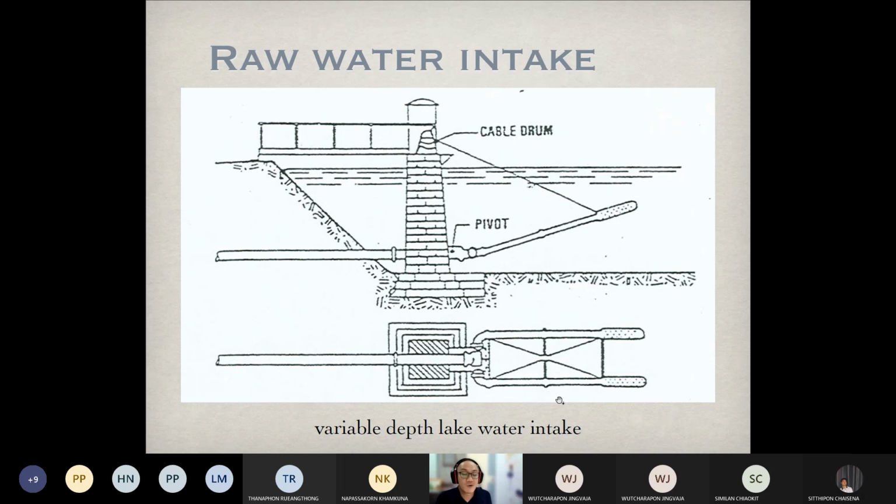This is also a movable intake. This one is equipped with a cable drum, so we can manage it. Sometimes if we want to reach a higher port, then we take this up. Okay.